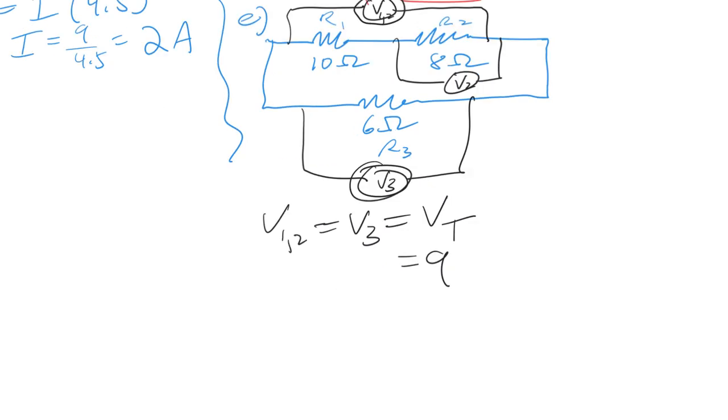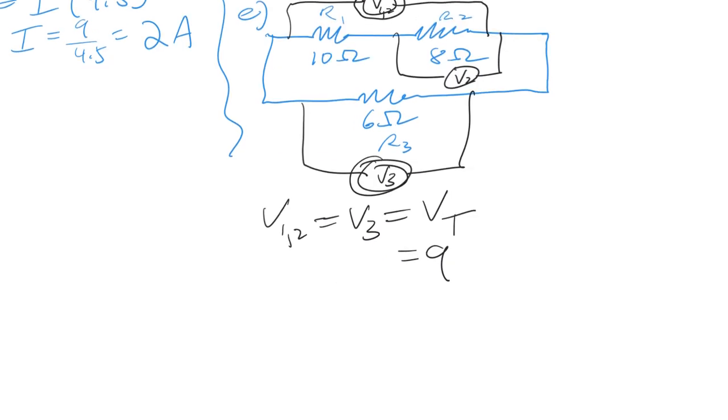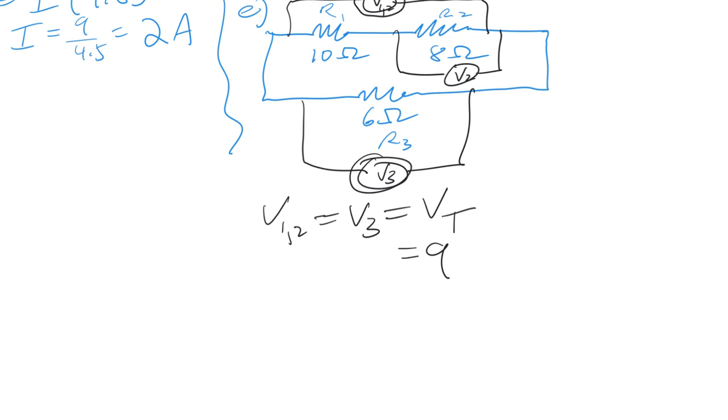Okay, so we know that because the 10 and the 8 are in series, we know those voltages have to add up to be V12. So V1 plus V2 has to equal V12.